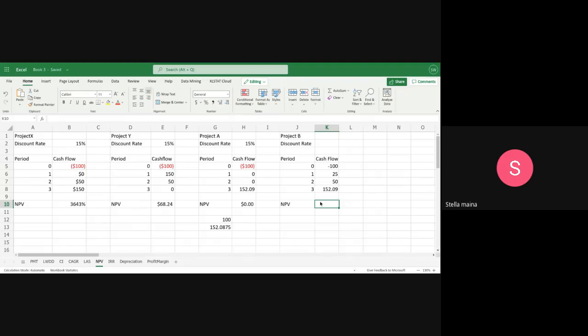So what is the NPV for this? You just say equals NPV, still 15%, K2, comma, from K6 up to K8, close bracket, plus K5.